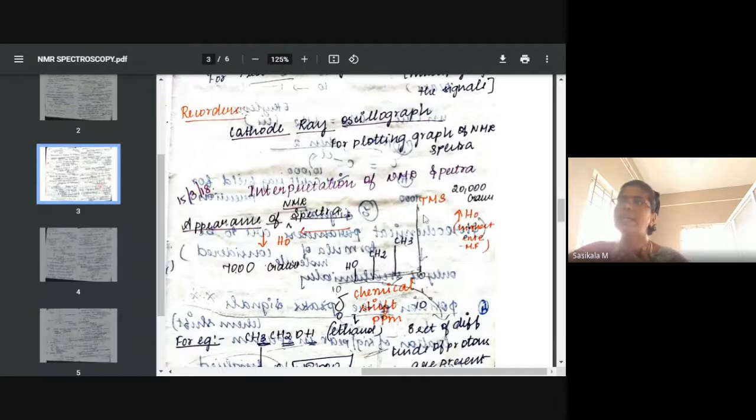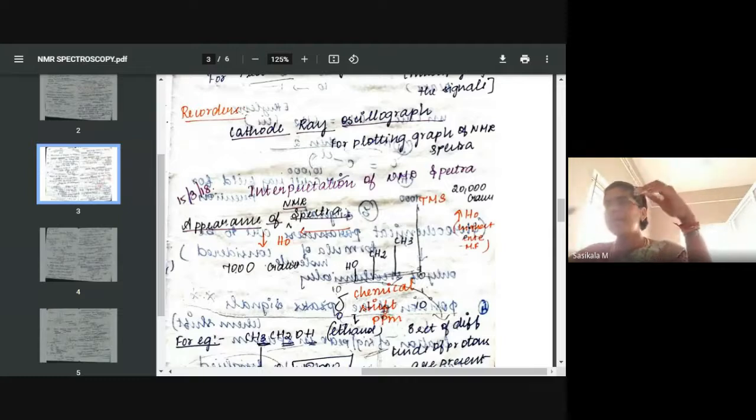When shielding occurs, as I already told, TMS protons are highly shielded protons, so they are covered completely with a diamagnetic field, a secondary magnetic field created by electrons. So that is why TMS does not have any shift. Towards TMS, in this spectral region, whatever peaks are appearing, the shift is called an upfield shift.